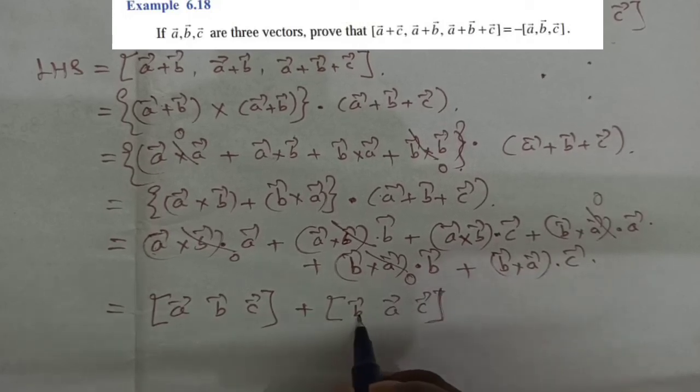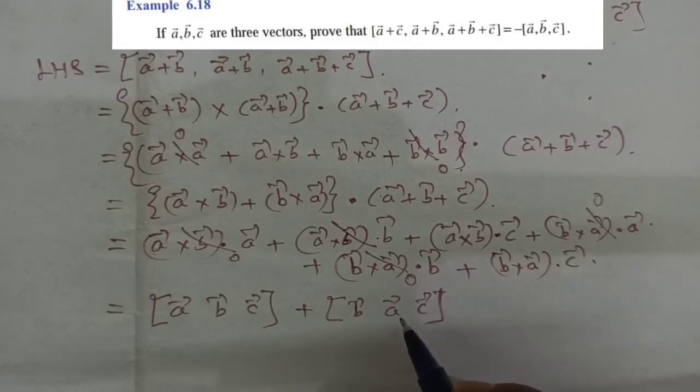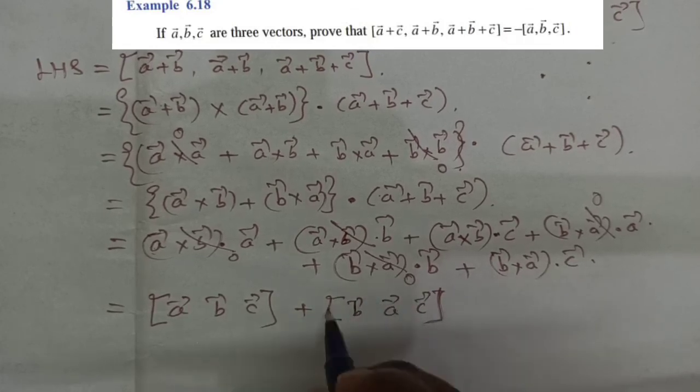Look at this box product: BAC is not in cyclic order. ABC and BCA are cyclic orders. BCA, the next to B is C, so BCA is cyclic order, but BAC is not in cyclic order.